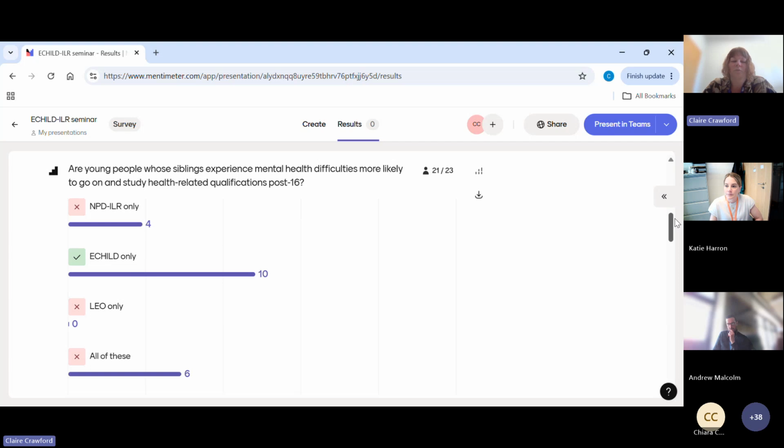There are a small number of cohorts in LEO where you can see a sibling match, but if you're interested in what's happening to different children in the same family, ECHILD is really the best one to be using. And of course, that's also the only one where you're going to see mental health difficulties outside of the special educational needs identification system. So definitely one where you'd want to try and use ECHILD here.